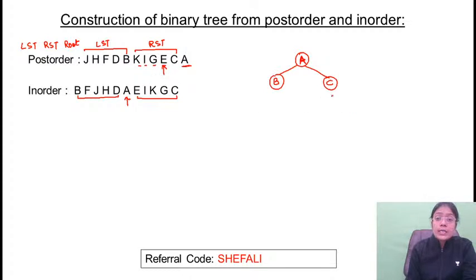Root of C ka left or right? Right mein no element is present, all the elements are on the left, so E will be the root of the left subtree. After that, you are getting G. Remaining 3 elements are present on the right of E. So among this, G will be the root.